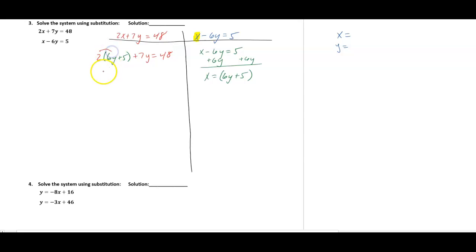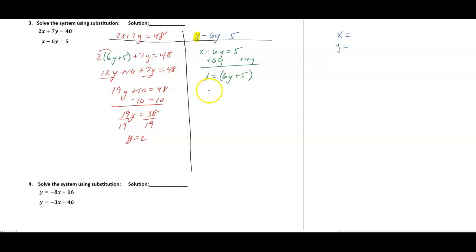To solve this, distribute: 12y plus 10 plus 7y equals 48. 12y plus 7y gives me 19y plus 10 equals 48. Subtract 10, 19y equals 38. Divide by 19, and y equals 2.